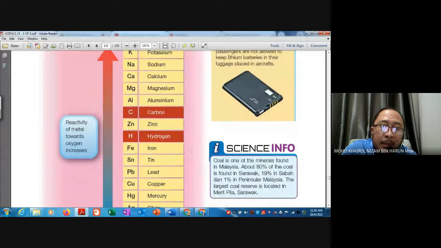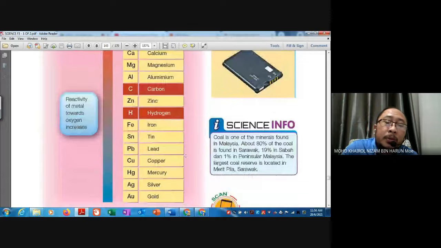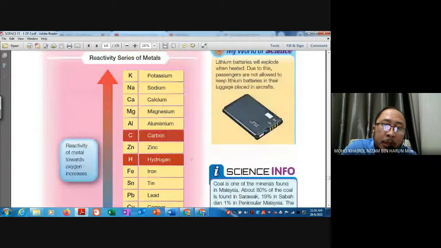So from this reactivity series of metals, you have to remember the position of every metal and also the position of carbon and hydrogen.